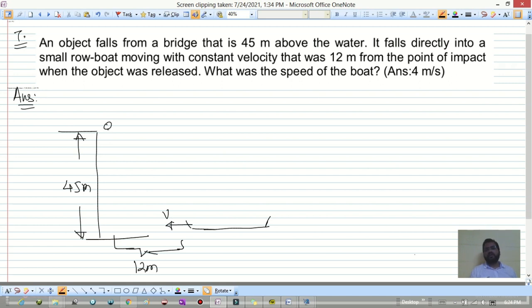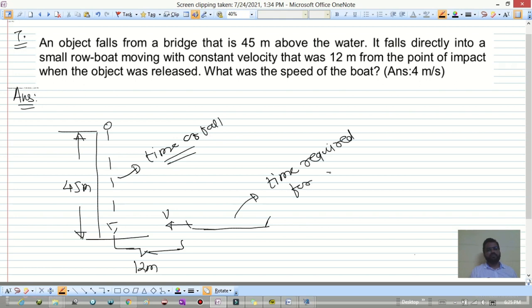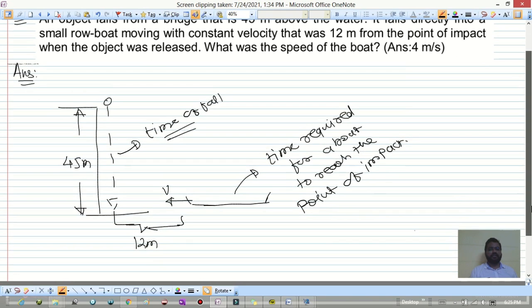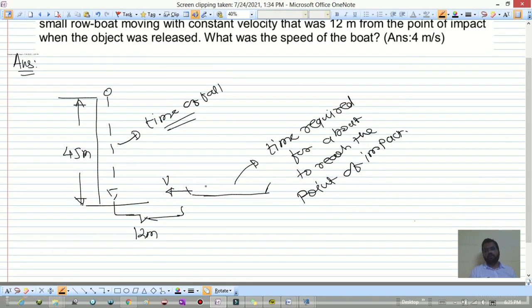So see here, whatever the time of fall is, and whatever the time required for the boat to reach the point of impact must be the same. Then and only then will this object fall into the boat.